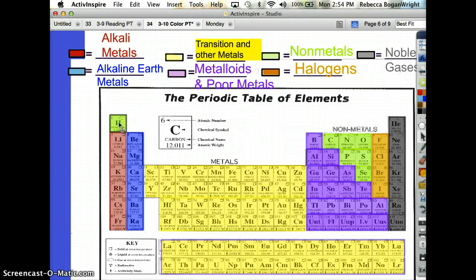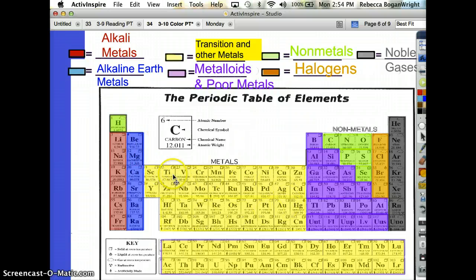Hydrogen is actually a non-metal, so hydrogen will be colored green with the rest of these non-metals: carbon, nitrogen, oxygen, phosphorus, sulfur, and beryllium. You're going to be coloring group 2, your alkaline earth metals.